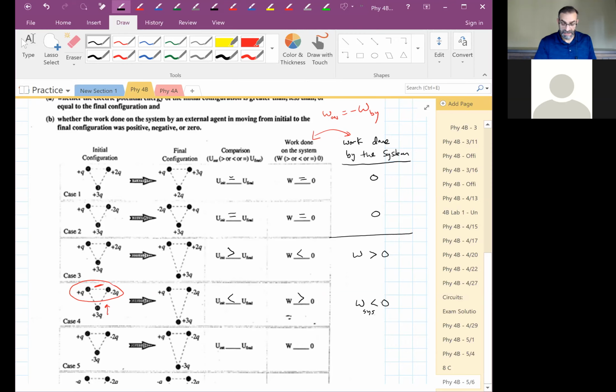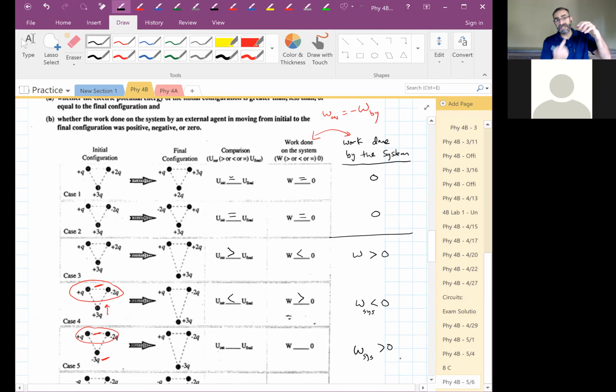So this is going to be the opposite of the previous case because we still have a net negative here, but now we have a negative here. Those negatives repel each other, and so we're allowing it to move in the direction the field is pushing it. So the field is doing the positive work. Work done by the system is positive.